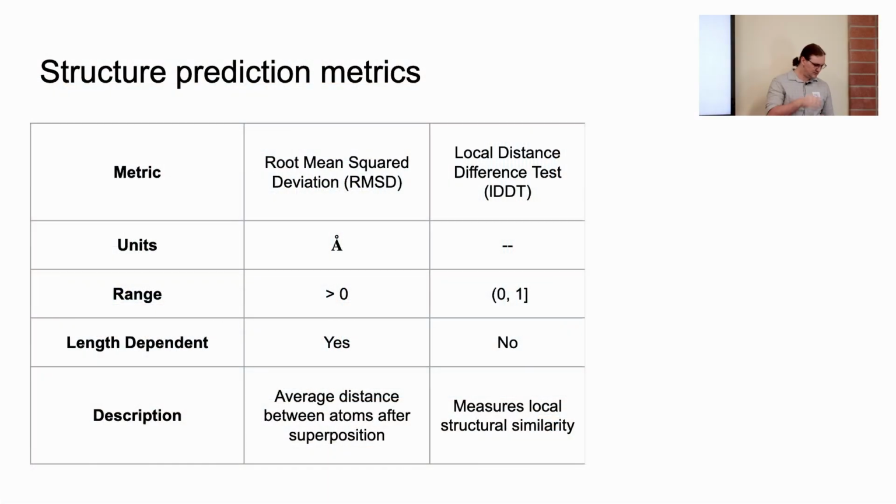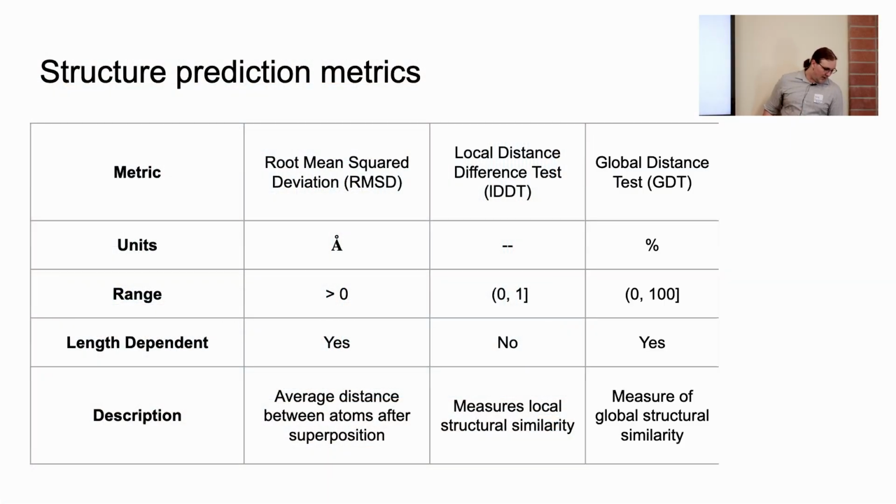Cool. Any questions? Okay. The next one is the global distance test. This is another way of checking global similarity, but it's supposed to be more robust than RMSD, and I'll give you a few reasons why. The first is that it looks at the two structures at multiple different alignments, which can account for different outliers you might have in the RMSD calculation.